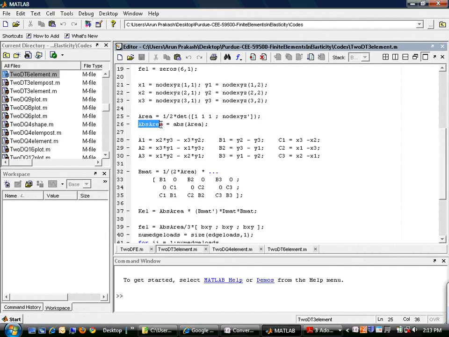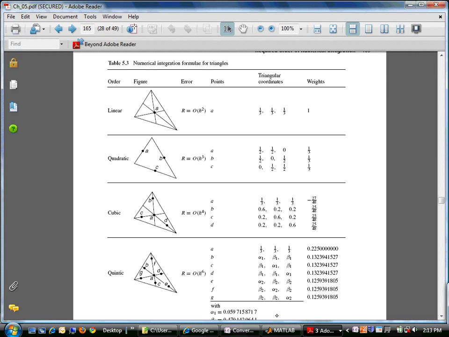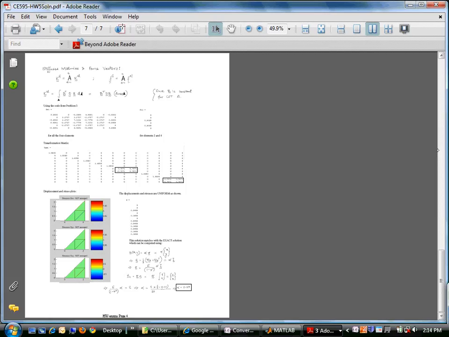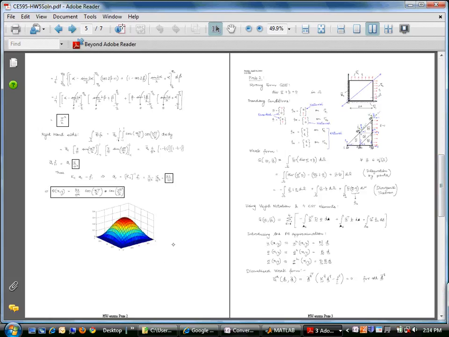So you needed to use the absolute area only for the final point where you multiply your B transpose DB with the integral. So okay, let me ask you this. How many elements would I require for this problem to get the exact solution?